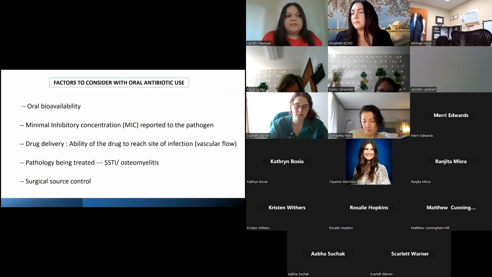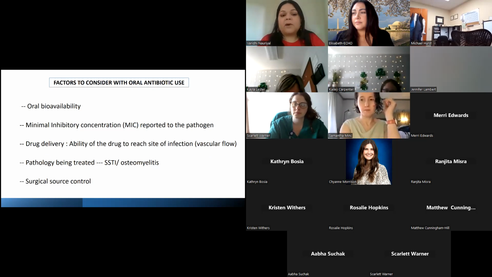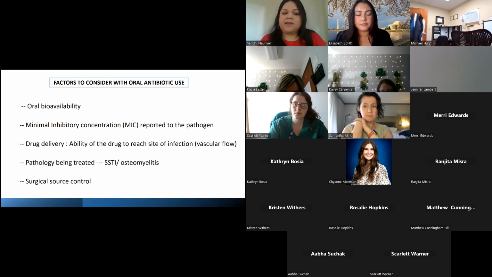IV antibiotics are typically very straightforward for us to decide because of the severity of infection. But when it comes down to oral antibiotics, there's a lot more thought that goes into it. We not only have to consider the oral bioavailability, which in layman's terms is, when you take a pill, how much of that pill gets absorbed into the bloodstream and reaches a level that's enough to overcome the minimal inhibitory concentration of the pathogen.